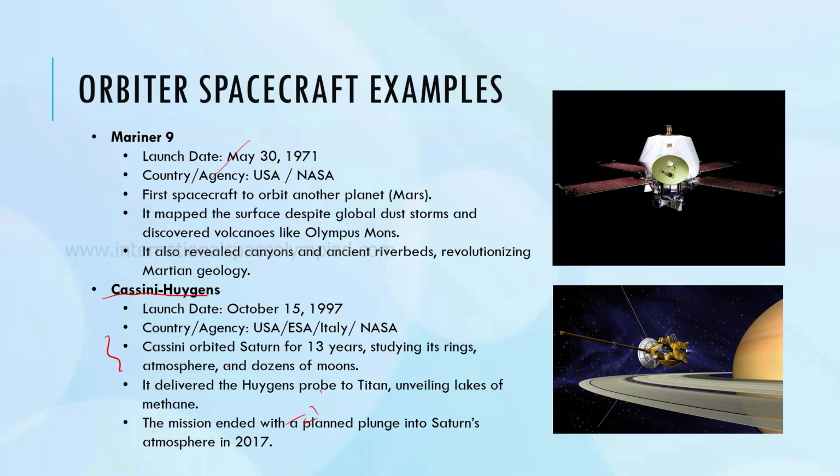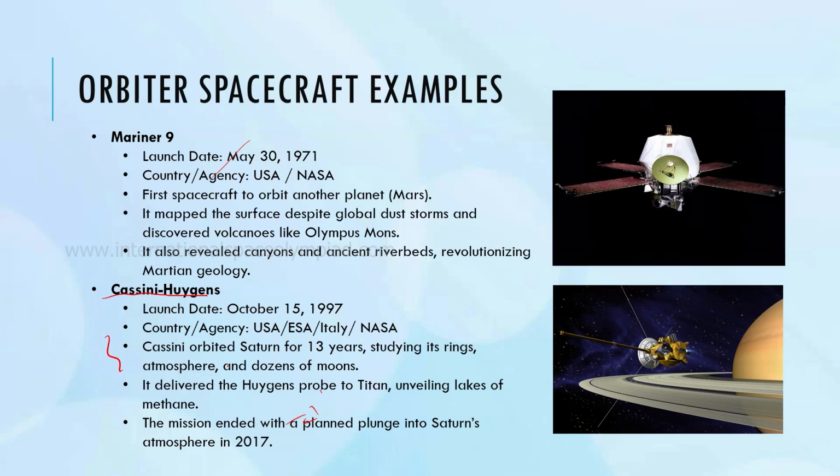But once the Huygens probe detected these lakes of methane, they thought that maybe some methane-based life forms may be there, especially if some sea is there, maybe underwater life. We don't know whether something is there.